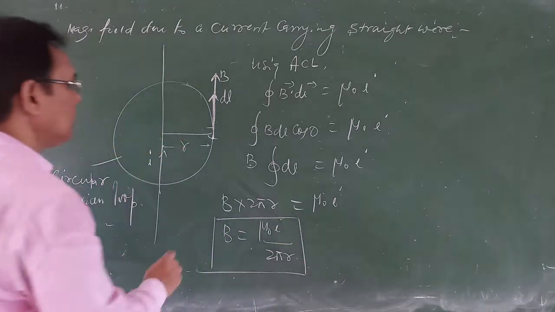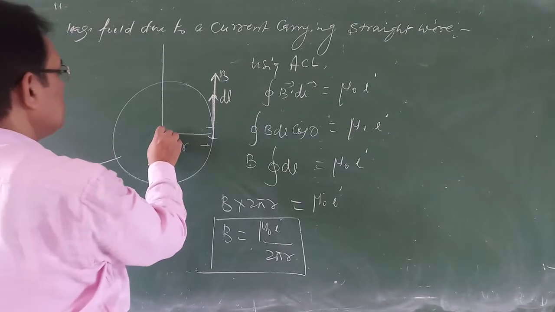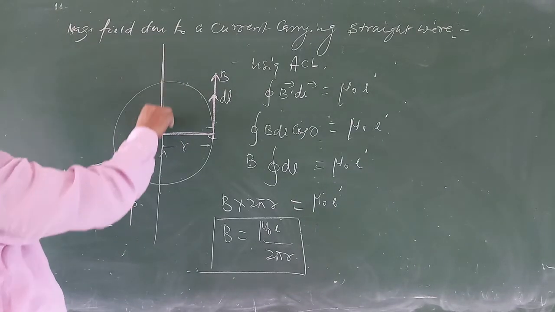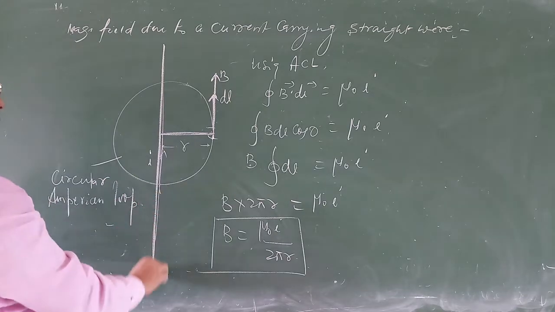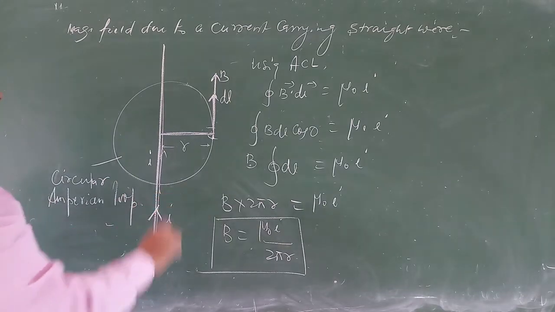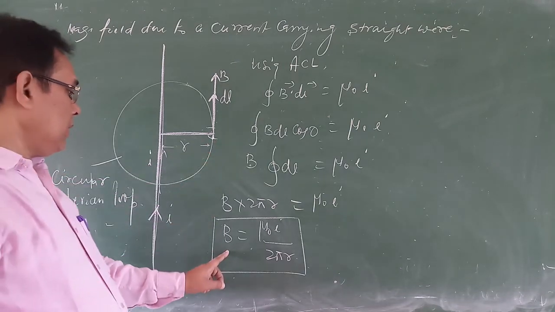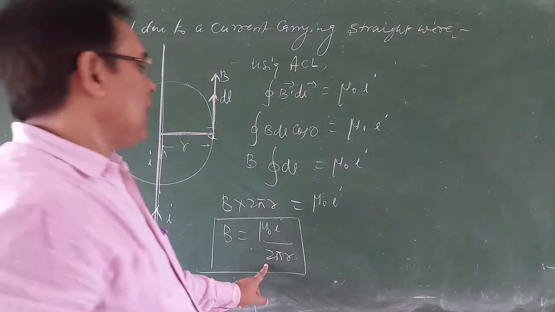This is the magnetic field at a point P, at a distance r from the current carrying straight wire. At a distance r, the magnetic field will be B equals mu naught I by 2 pi r.